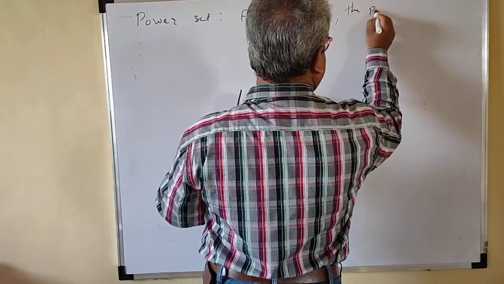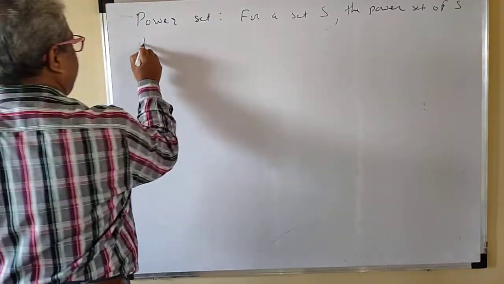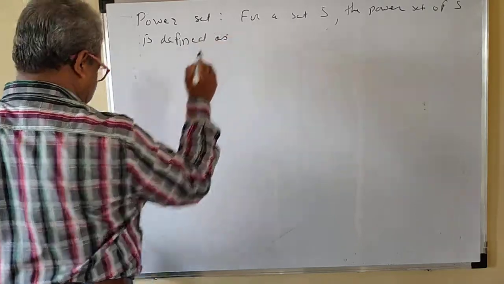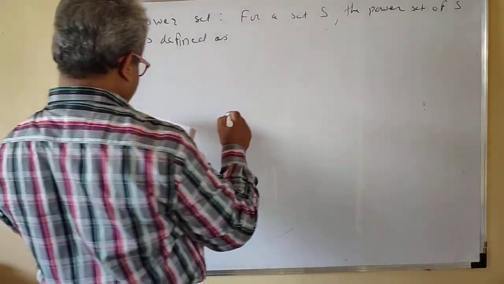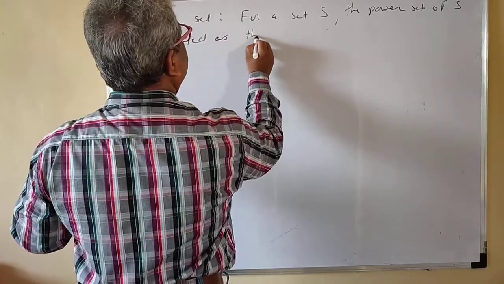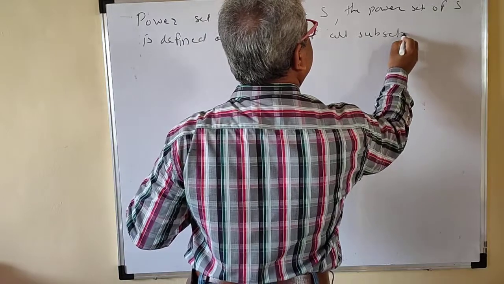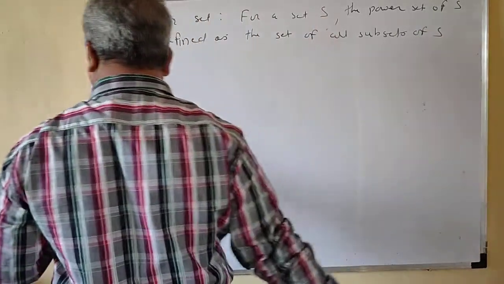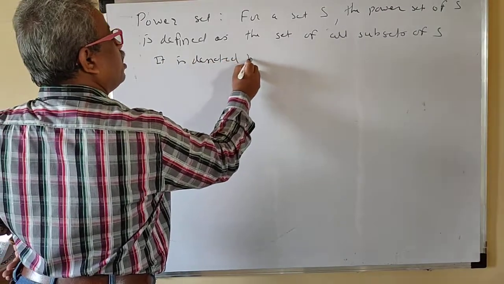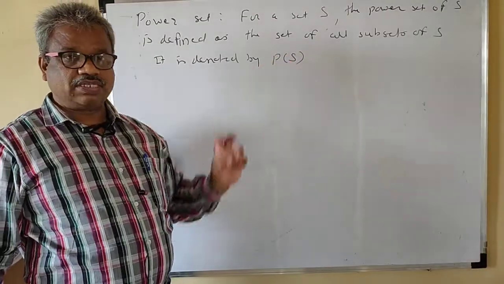The power set of S is defined as the set of all subsets of S. It is denoted by P of S. That means what? This is read as power set of S.